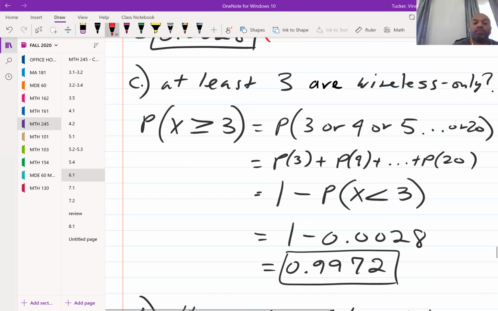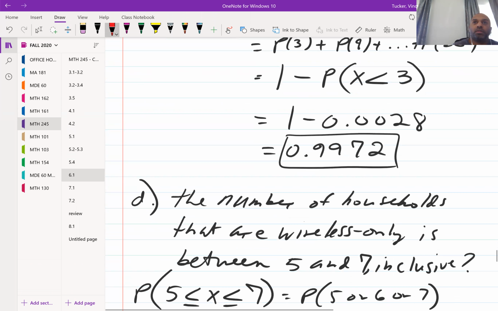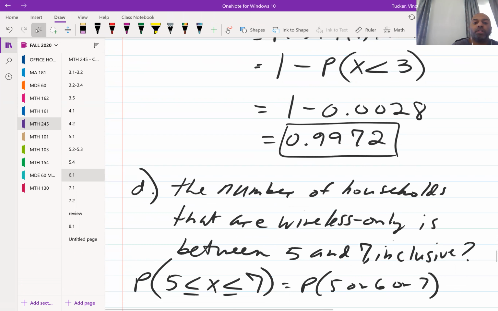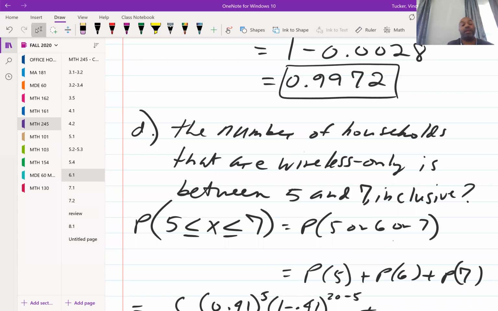All right. I think this is the last one. Number of households that are wireless only is between 5 and 7 inclusive. So you're talking about X being between 5 and 7, being 5, 6, or 7.